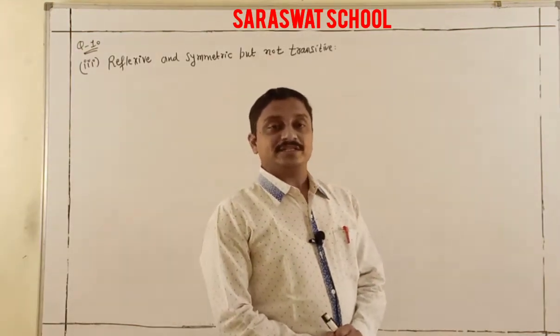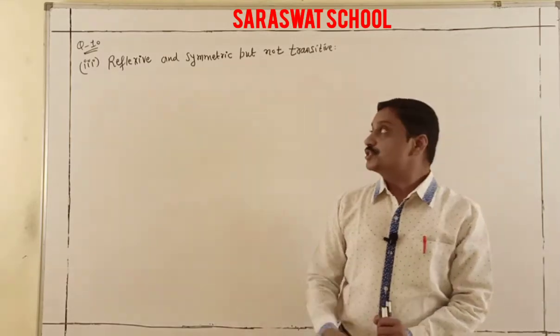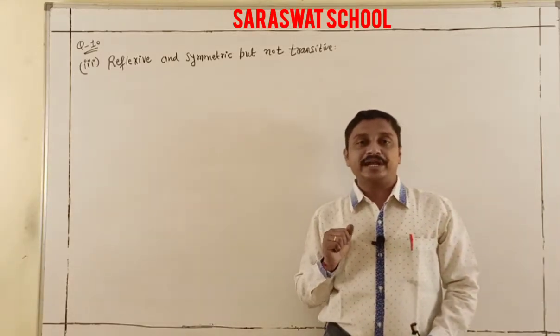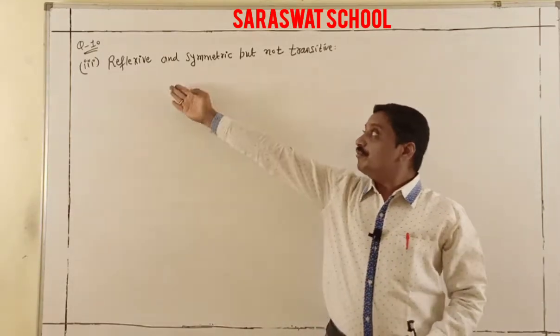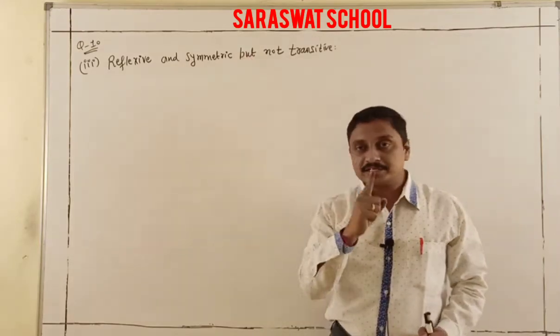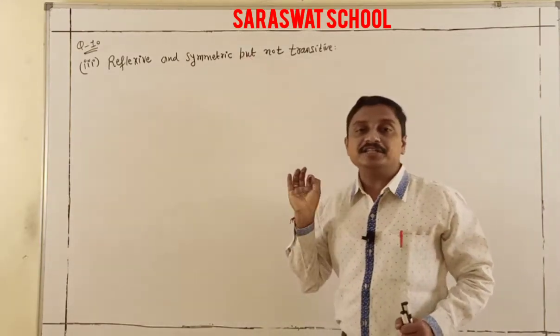Now continue, students. One more question, question 10, third one. Here also write an example of a relation that is reflexive and symmetric, but not transitive.